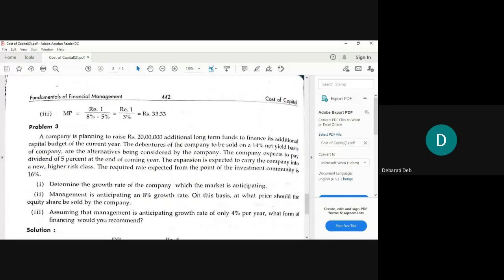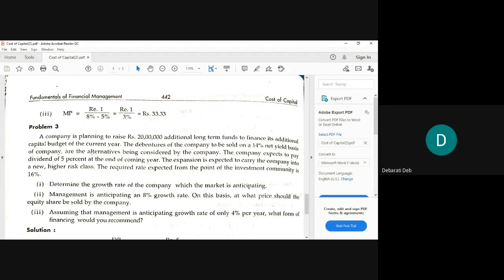Point number 3, Roman 3, you solve. MP equals to 1. Dividend per share is to be maintained at 1. So 1 by 8% minus 5%, or you can write 1 by 0.08 minus 0.05.